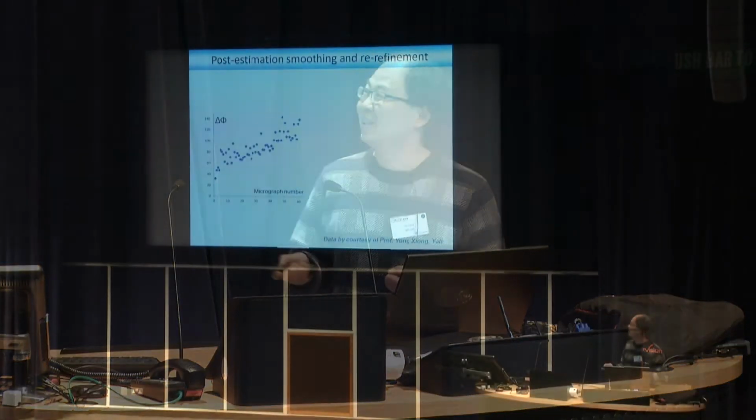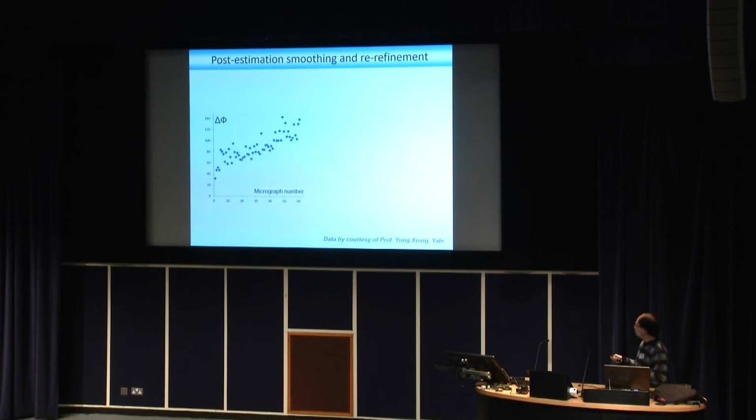I don't just need the positive feedback. And in fact, phase plate data is sometimes very challenging because for some reason the high frequency signal seems to be lower compared to the normal micrograph.